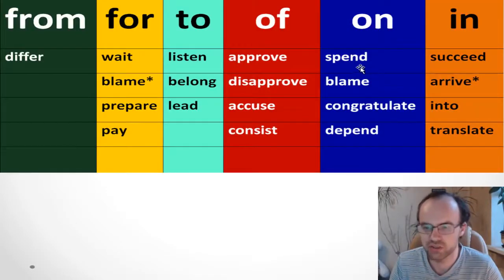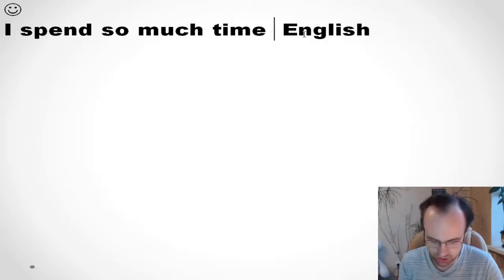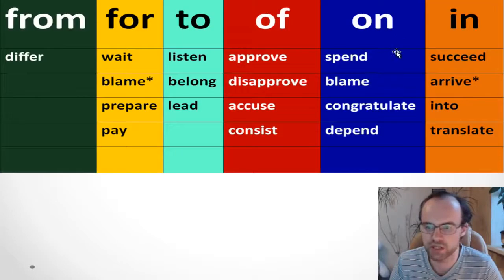But my friend, you need to remember, say spend on. You need to say, I spend so much time on English, or I spend so much money on it. Spend on. It's a very common mistake.